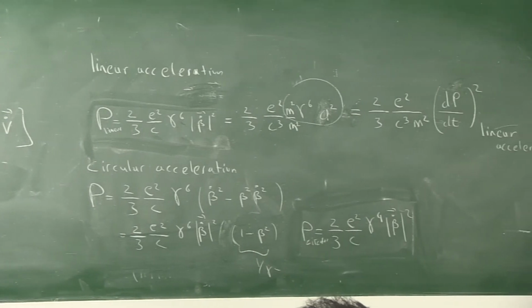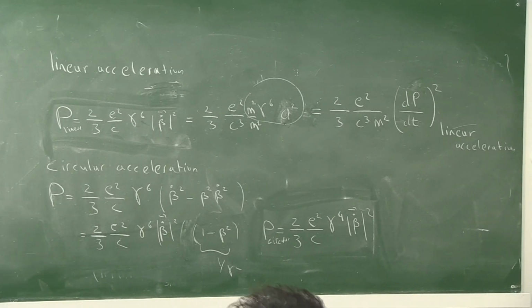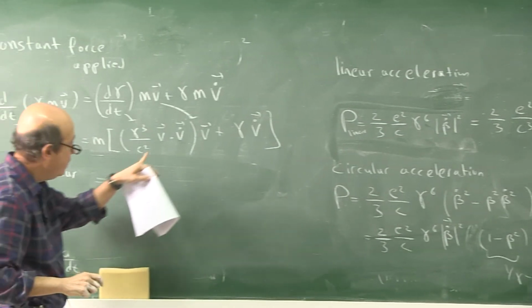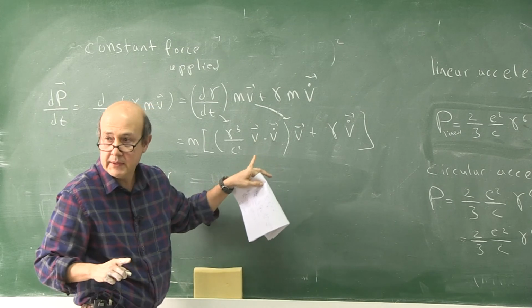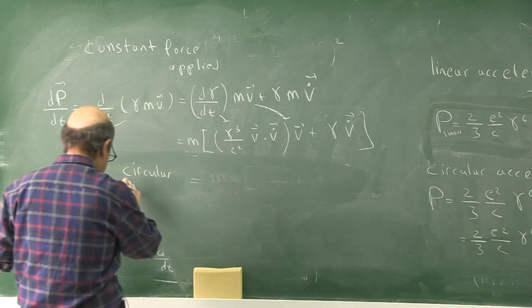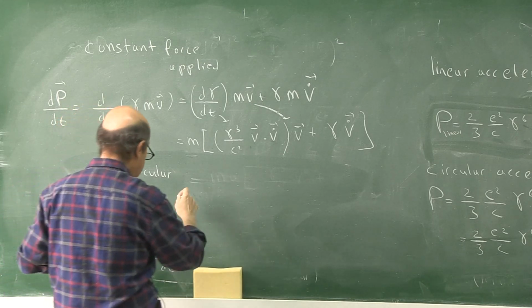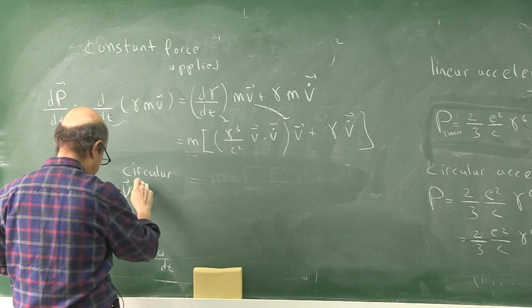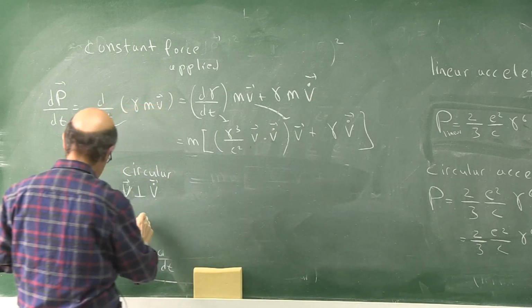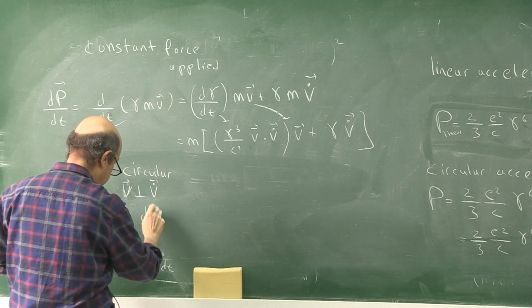If you look at the circular case, V and V dot product will be 0, so V is orthogonal to V dot. Therefore, this term drops.